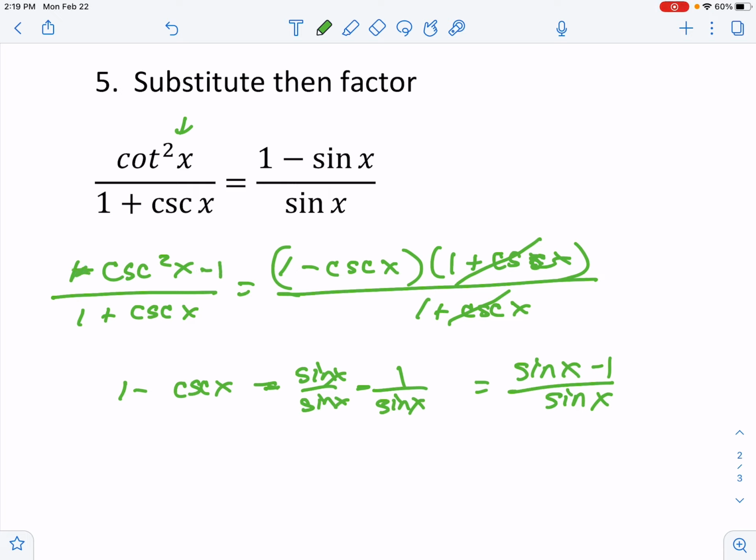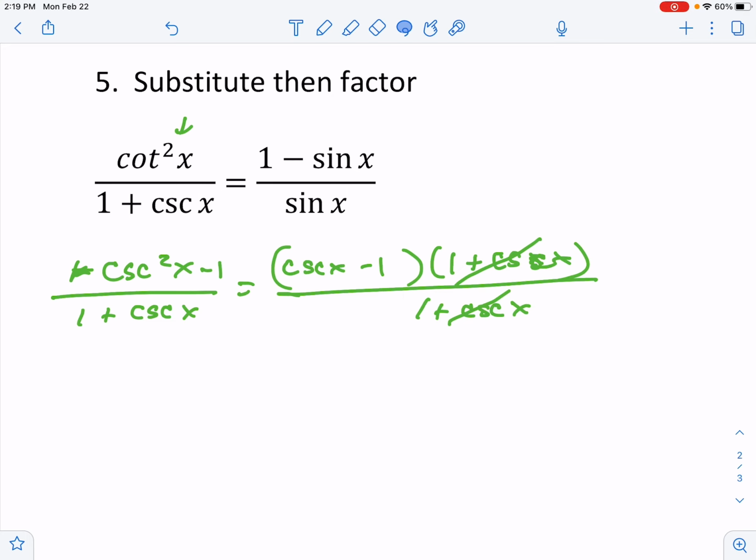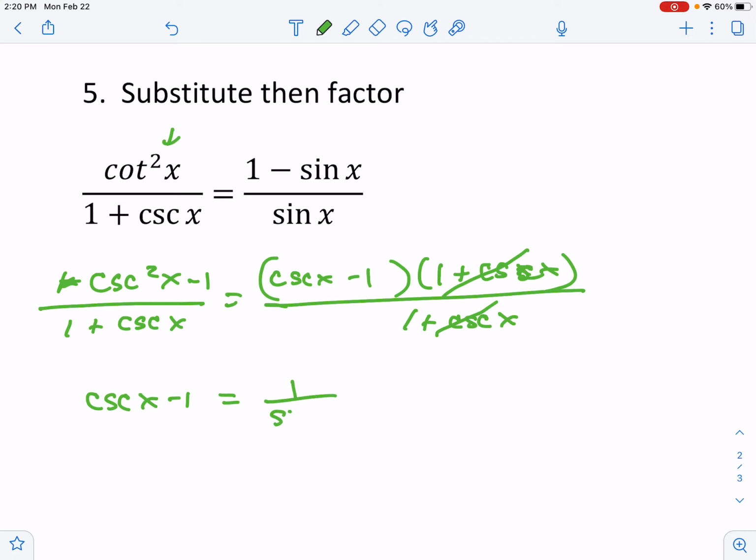So this is cosecant x minus 1, cosecant plus 1. So these are backwards. Let's just get rid of all that. Found my mistake. So now I have the cosecant of x minus 1, which is 1 over the sine of x, minus sine of x over sine of x.